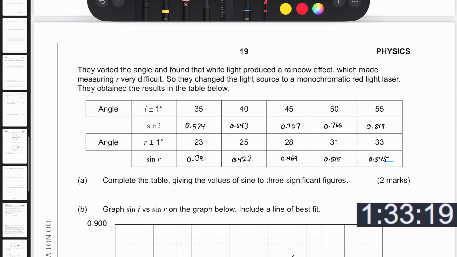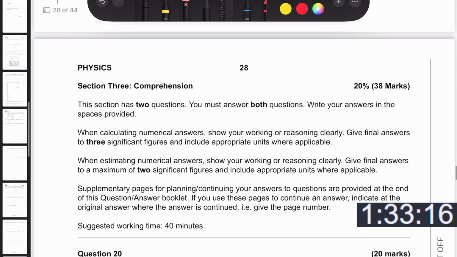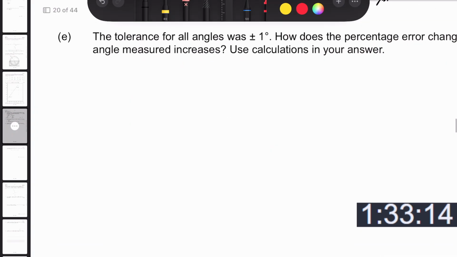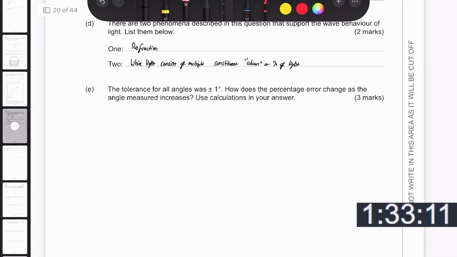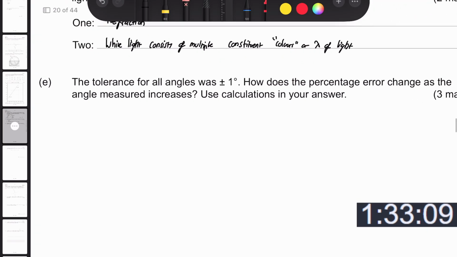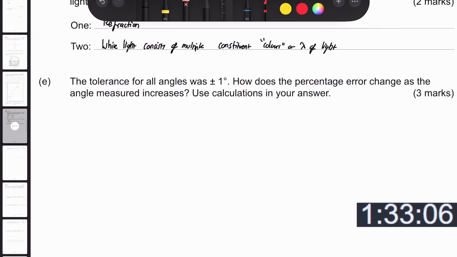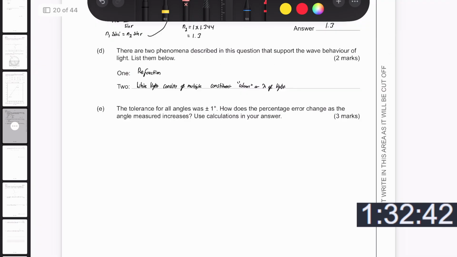Okay. Let's see, how many until section 3? 28. Okay. The tolerance for all angles was plus or minus 1. How much does the percentage error change as the angle measured increases?